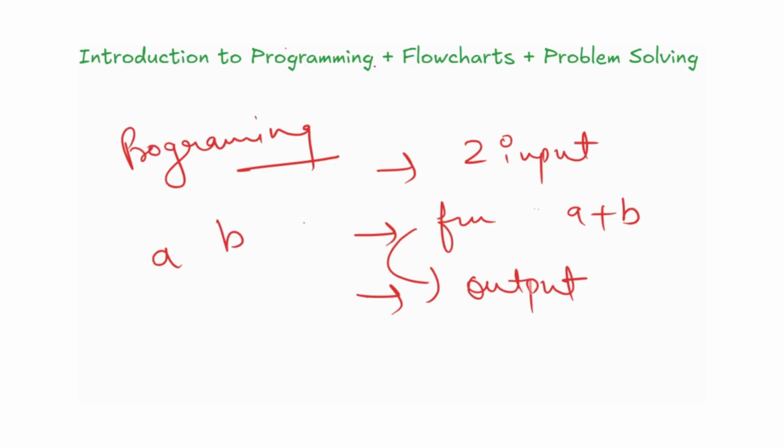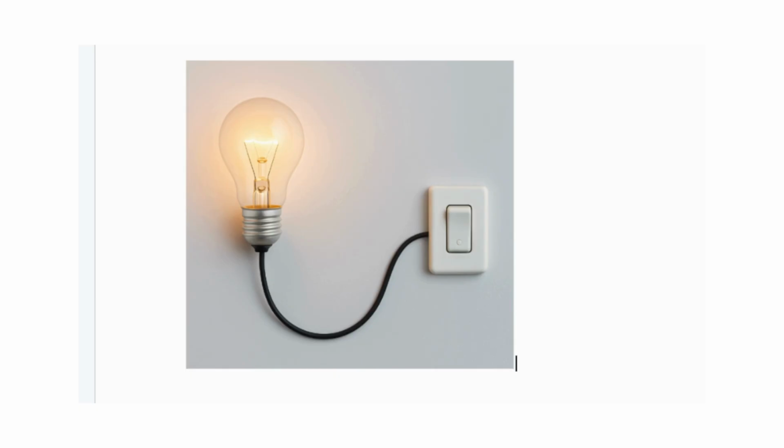Let me give you one more example of how problem solving is done, like how you can solve a particular problem. Suppose we have a bulb and a switch, right? And there will be some steps involved. First of all, you will come to the switch and turn it on, and check whether the bulb is on or not.